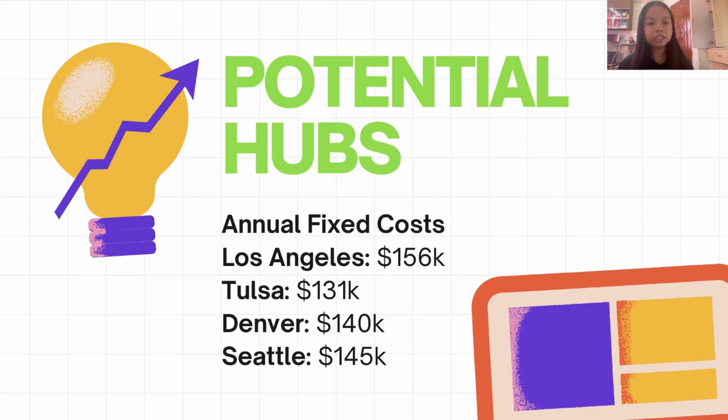Each city serves as a gateway to a specific region. So the question our model answers is, does the high cost of an office in LA pay for itself by significantly lowering the travel costs to high demand states like California and Arizona? We must justify every dollar spent on these fixed facilities.